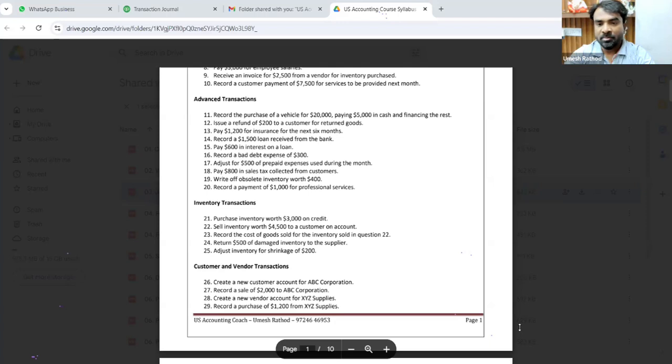Sales is there, purchase is there, return is there, bank deposit is there, loan is there, loan interest is there, assets also, depreciation also, interest on loan also. If you go through these 25 transactions again, you will understand almost 80% of accounting transactions, because everything is there. Even inventory adjustment is there.